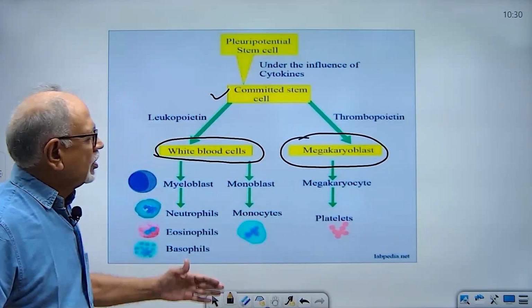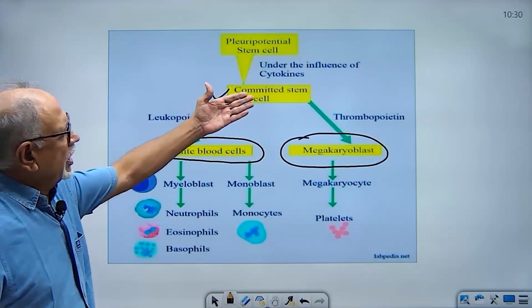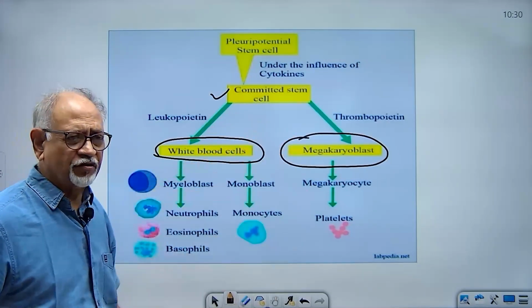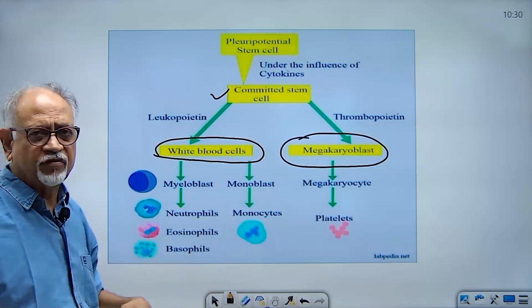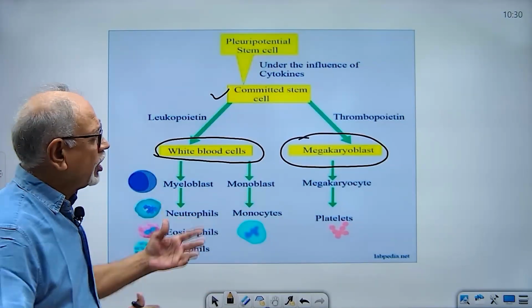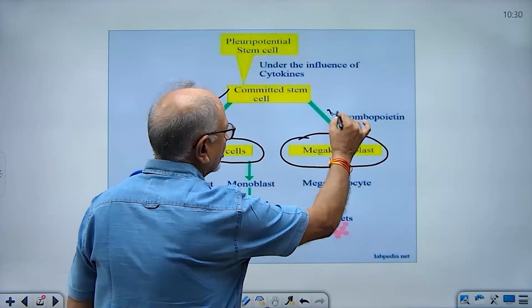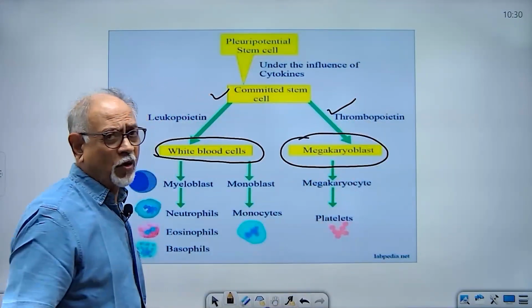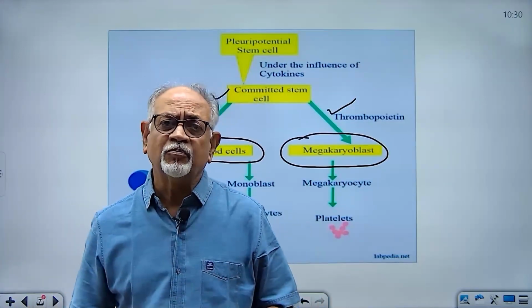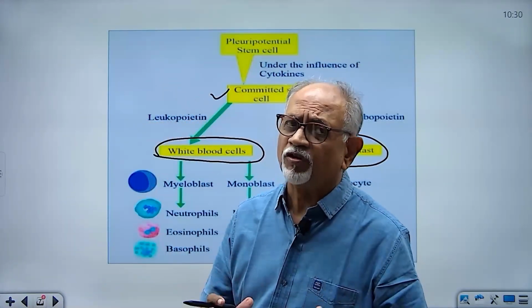Then there is another series of megakaryoblast cells. These are responsible for the production of platelets. This happens under the influence of another hormone called thrombopoietin, because, as you know, platelets were previously called thrombocytes.